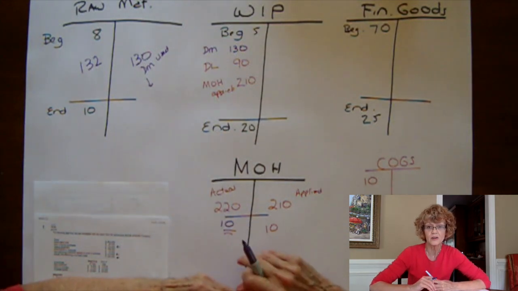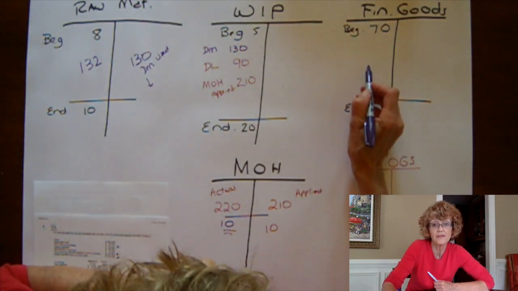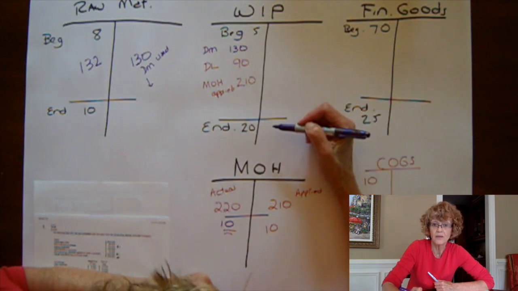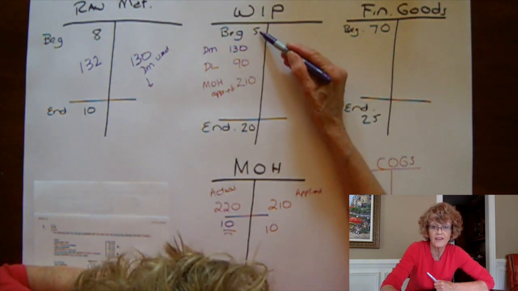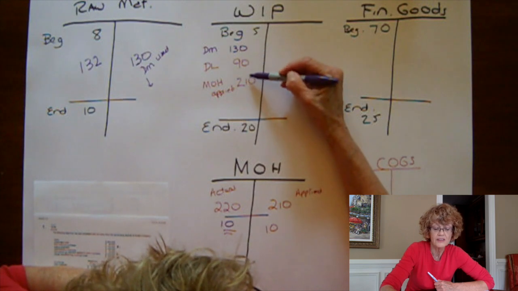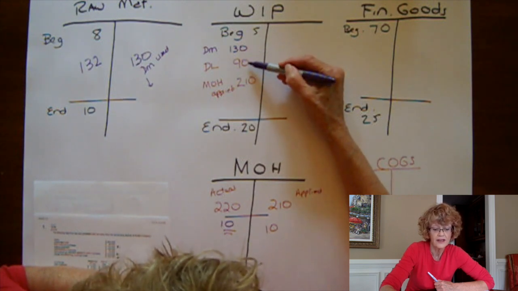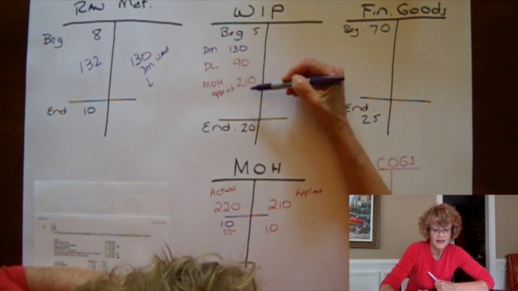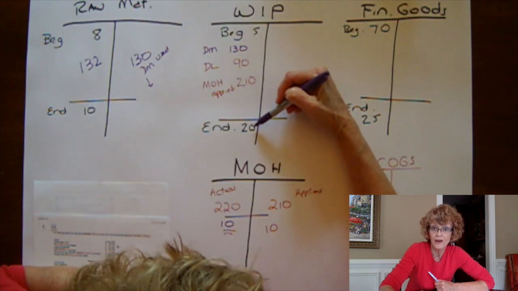In the finished goods, the only thing left to do is to put some into finished goods. Now, did we finish some? Yes, because we started with 5,000. We added all these costs, 130, 90, and 210, and we ended with 20 in work in process.